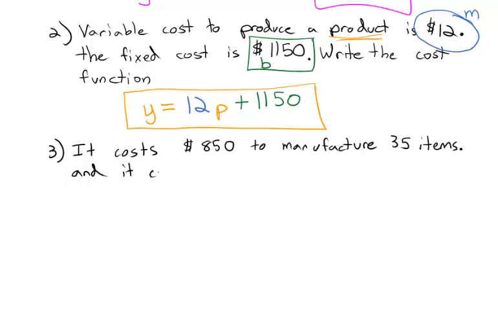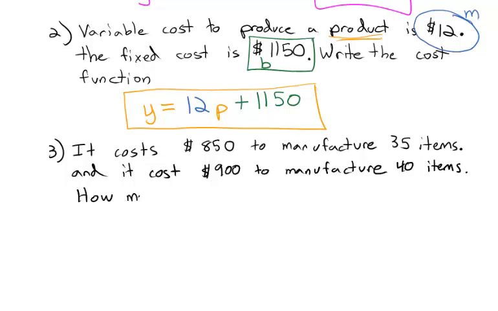And it cost $900 to manufacture 40 items. I want to know how much will it cost to produce 90 items.